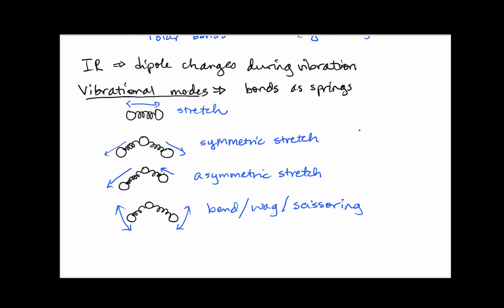So each of these has different energies. And depending on whether or not the dipole changes while we have this vibration taking place, that will affect whether or not infrared is able to be absorbed by the molecule and trigger this kind of a stretch or a bend.